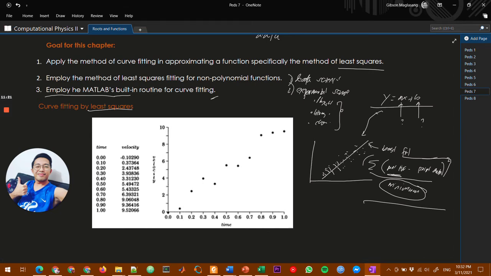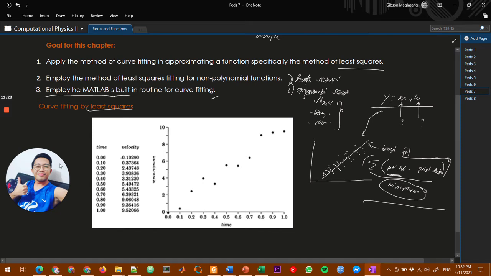So we now have a two-column data containing the time and the velocity. This is column 1, and this is column 2.